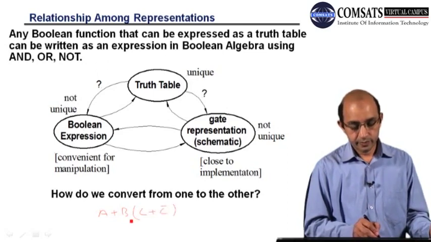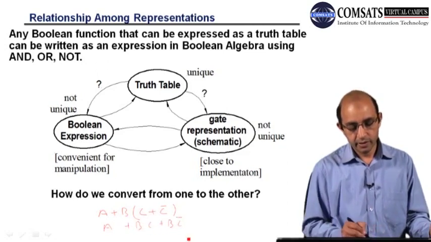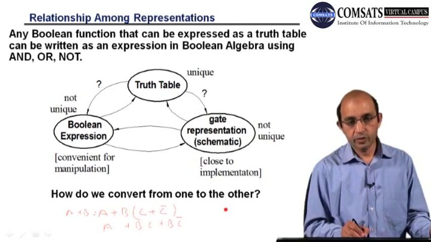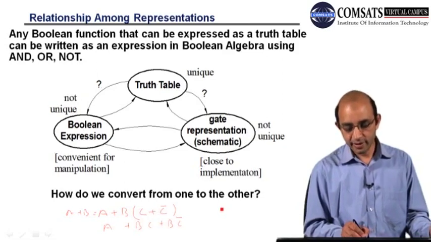So we have A plus B(C plus C bar), which is equal to A plus B. Similarly, we also learned that A plus A bar B is equal to A plus B. So they are equal, and we can prove that.